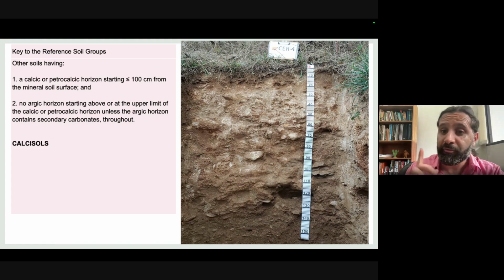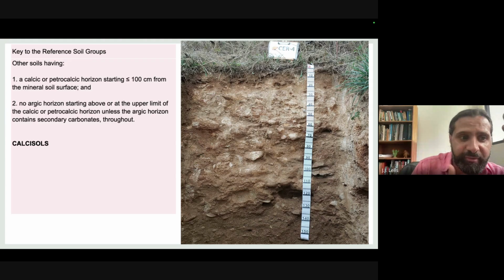Okay, something just before I open your microphone, let's highlight the difference between Calcisols and the Phaeozems, Kastanozems, and Chernozems. You should remember that the Chernozems and Kastanozems must register calcic or petrocalcic horizons, right? But in that case, we must register a chernic horizon or a mollic horizon above the calcic or petrocalcic horizon in the case of Chernozems or Kastanozems.